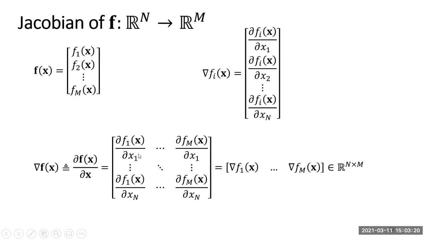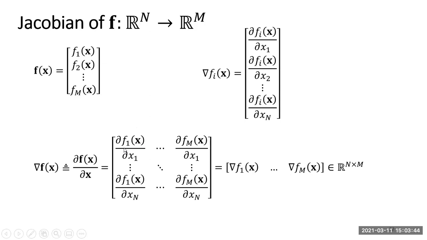So the first column of the Jacobian is del f1. The second column would be del f2 and so on. The last column would be del fm. These are the gradients. So the columns of the Jacobian are the gradients of f1, f2, f3, and so on.